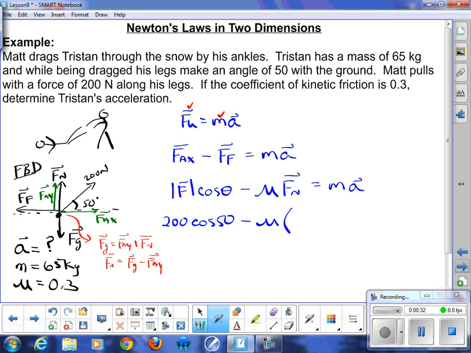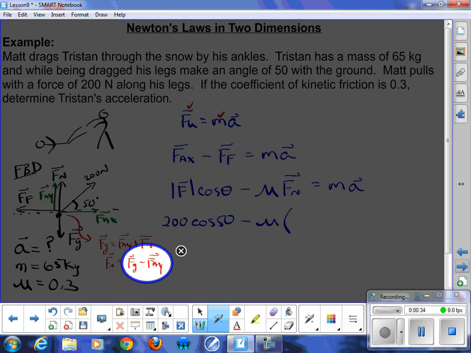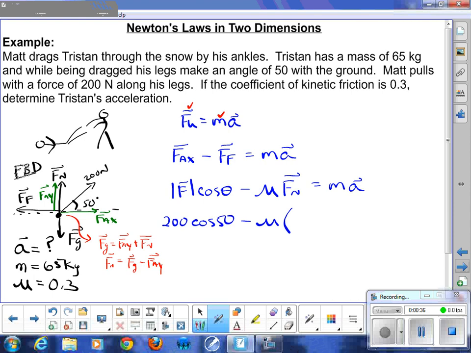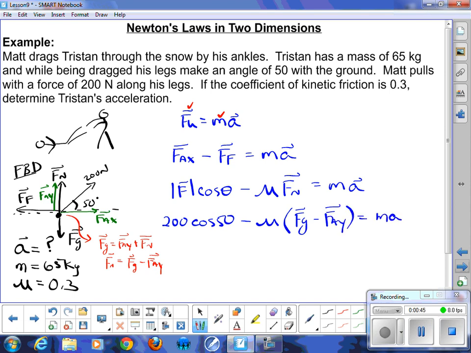So here is that same expression, and it's minus because we are decreasing the normal force. So it ends up being Fg minus Fa of y equals ma. So now we can plug in the rest of our numbers. So 200 cos 50 minus 0.3 times force due to gravity, so that's mass times acceleration.